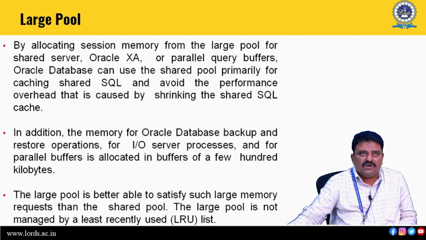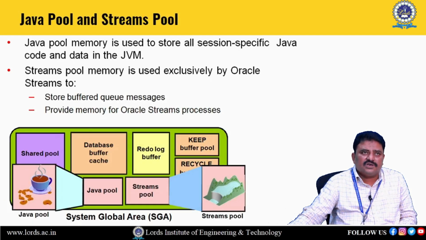And as I told you, the Java pool and Streams pool are useful when you write some Java related code or session specific code in order to retrieve the data, and we use the JVMs. Streams pools are useful to exchange information from one server to another, or to send data from one Oracle server to another in the form of message communication.